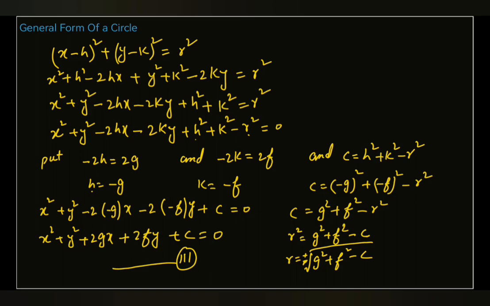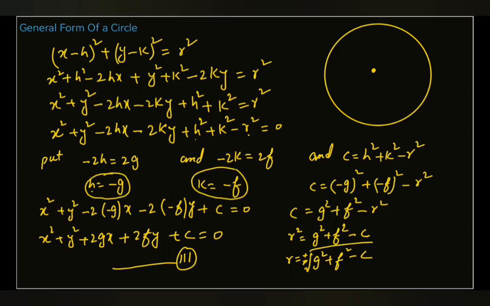So when we draw this circle here, its center will be, because h is replaced by negative g and k is replaced by negative f, its center will be negative g and negative f.